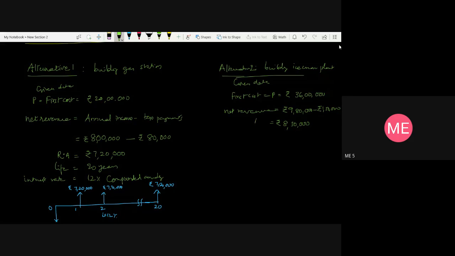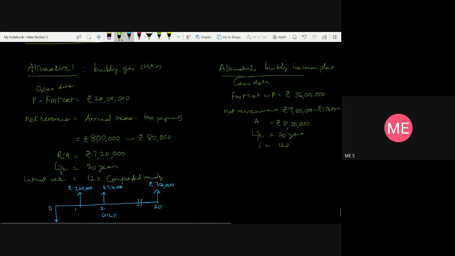So it will be taken as annuity, meaning annual income after paying the taxes. So we'll be getting A as rupees 8,30,000, and life is of course 20 years for both, and I is also the same for both alternatives.